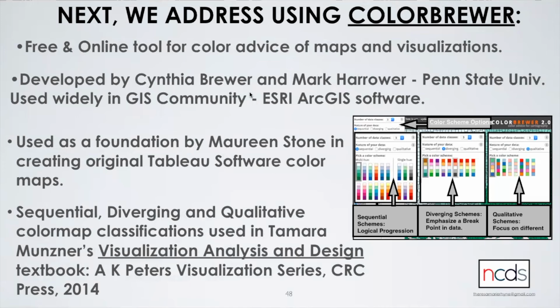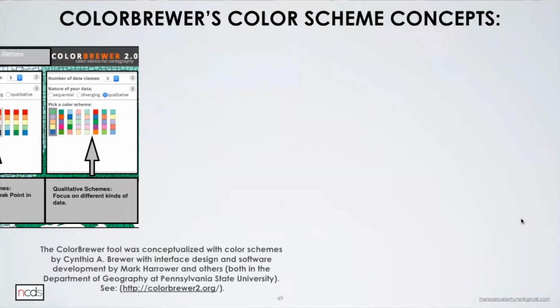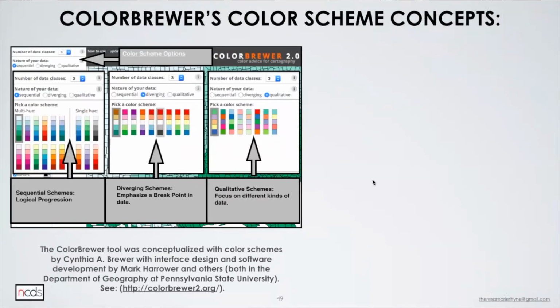So this work goes all the way back to Cynthia Brewer's sequential color schemes, diverging color schemes, and qualitative color schemes. A sequential color scheme is an awful lot like a monochromatic and analogous color scheme: a single hue would be monochromatic, a single hue with tints, tones, and shades. Then right in here, she uses colors that are very close to each other on the color wheel to complete this sequential multi-hue.